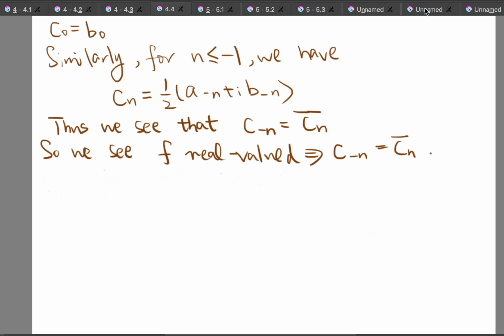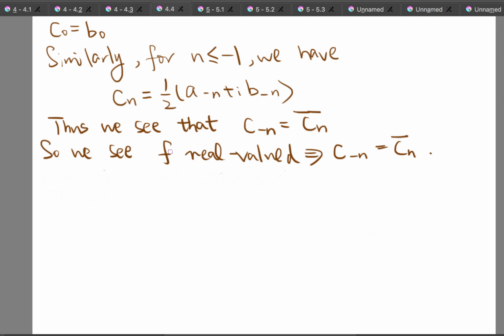So, comparing the coefficients for the negative index and the positive index, we see that we have this relation: c_(-n) is equal to the conjugate of c_n.